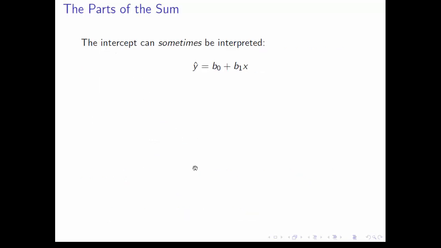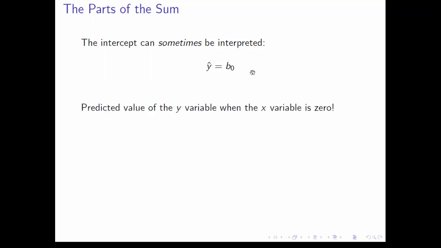The intercept can sometimes be interpreted, and I don't know if I've got a very good example here, but how do I get the intercept? If I put in 0 for x, what happens? 0 times b1 is, of course, 0, and when I add that 0 to b0, I get b0 all by itself. So the predicted value of y when the x variable is 0 is what the intercept tells us.